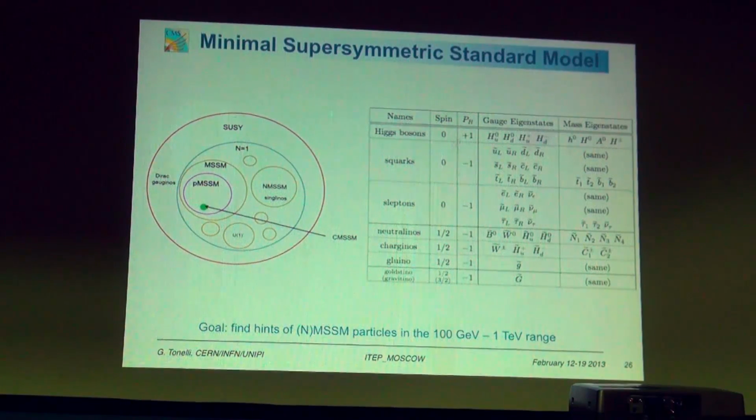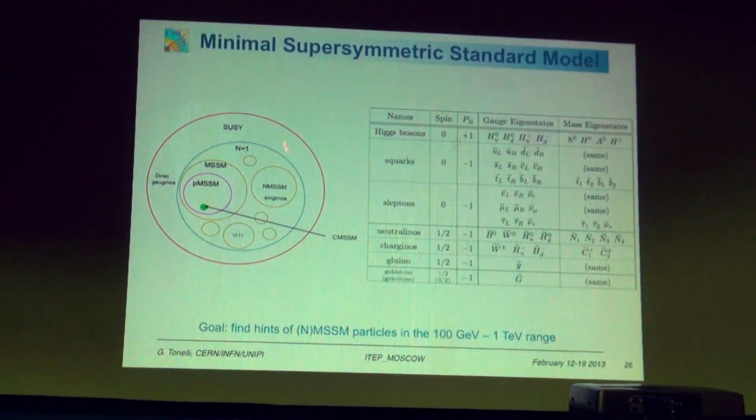But we have to be careful because there are so many parameters in SUSY that in this pictorial view, not to be taken too seriously, you see that basically what we've done so far is to have explored a very small amount of parameter space. This is the constrained minimal supersymmetric model.